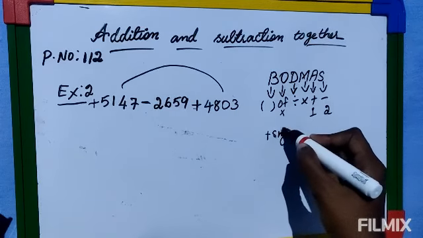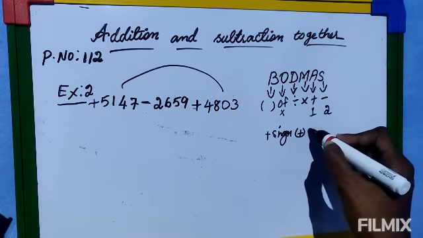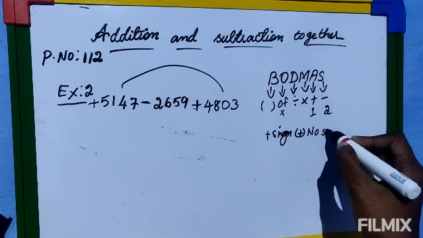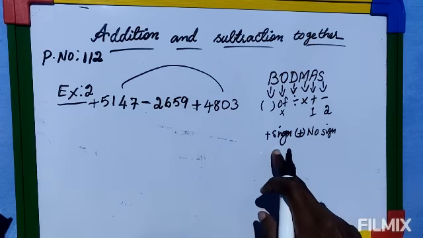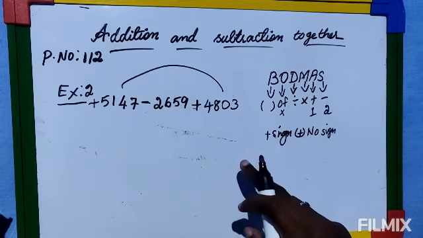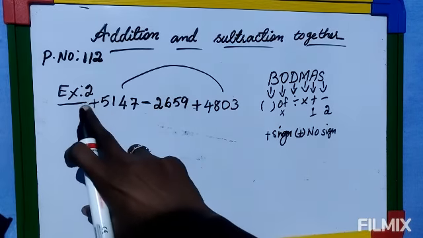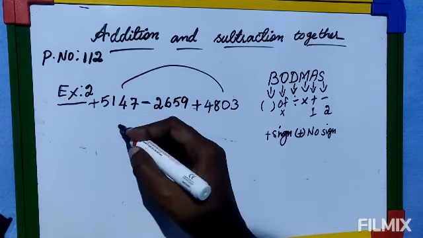Here this one was not having any sign, this is having plus sign. So these two you have to add first.